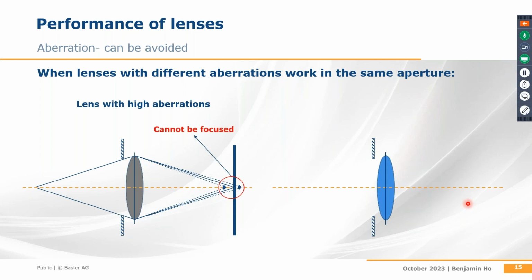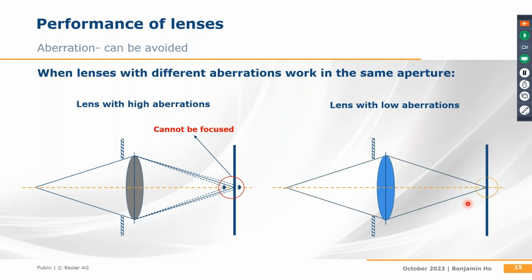In a lens with high aberration, the rays focus at different distances. Therefore, a high performance lens may have minimal or no aberration even when the aperture is wide open, allowing it to be affected primarily by diffraction and result in better image quality.